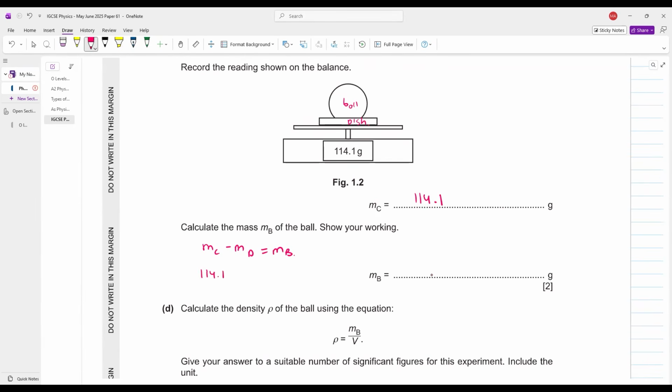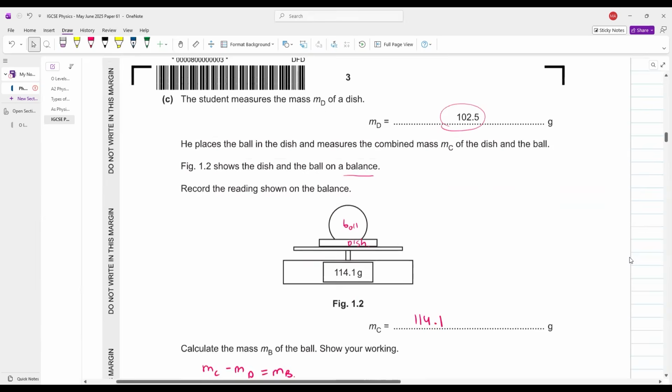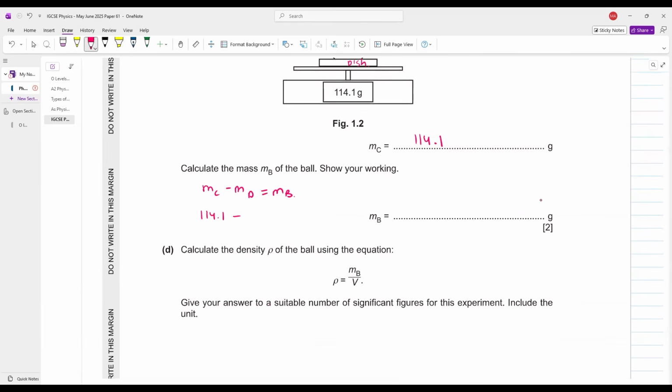Combined mass क्या है? 114.1. The mass of the dish was 102.5. What does the mass of the ball come out to be? इसको देख लेते हैं ज़रा। Mass of the ball comes out to be 11.6 grams. Simple. Let's write it here.